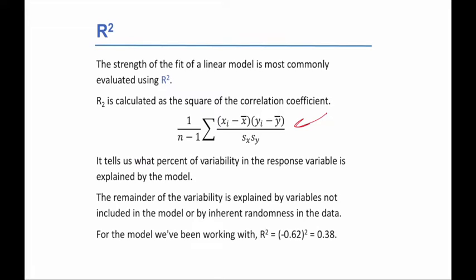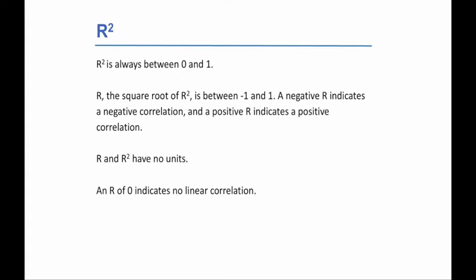So for the model we've been working with, our R value was negative 0.62. So for R squared, you square negative 0.62, and it's 0.38. Your R value is always between negative 1 and 1, which means that your R squared is always between 0 and 1.